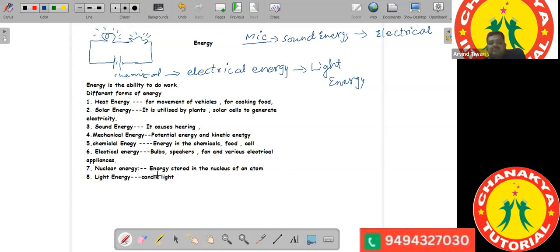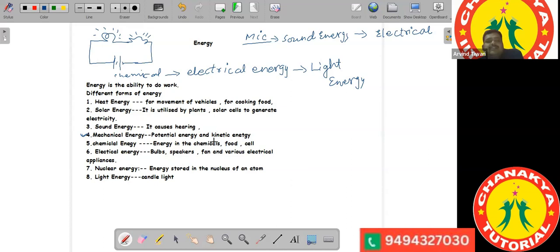We will trace out some other energy changes once we understand the mechanical energy. Mechanical energy is very important from the point of view of physics. Why? Because all the other energies, solar energy, sound energy, electrical energy, nuclear energy, almost all the other forms of energy, can be described in terms of potential energy and kinetic energy.